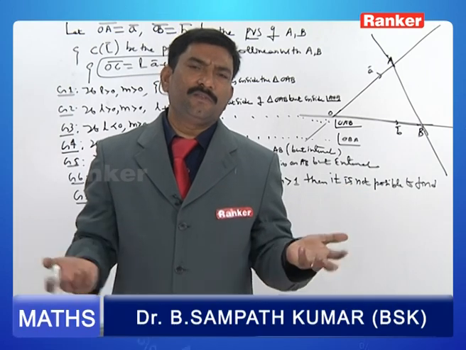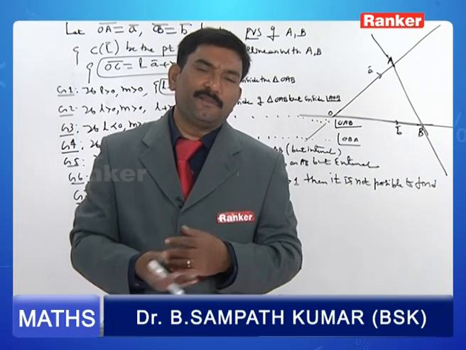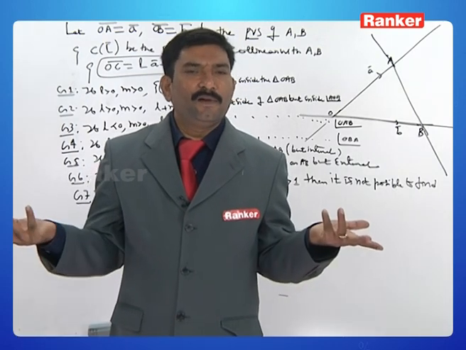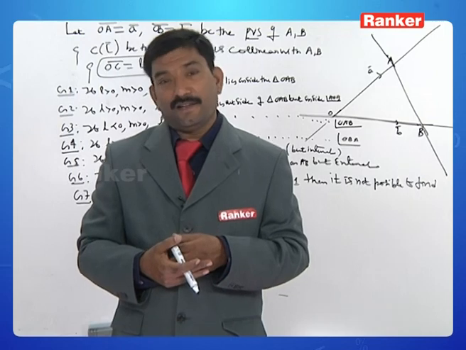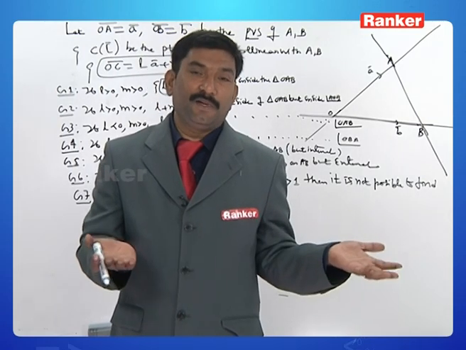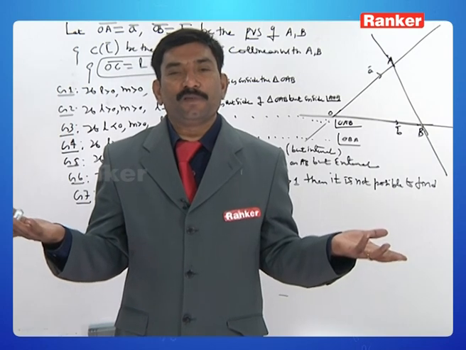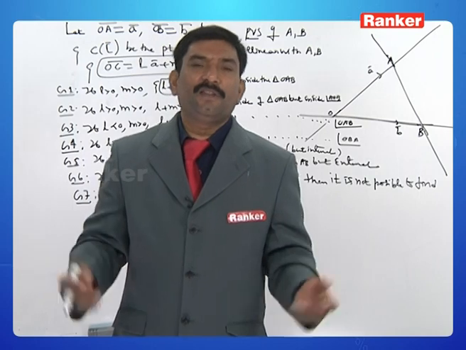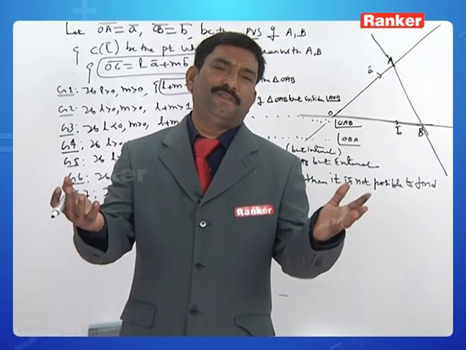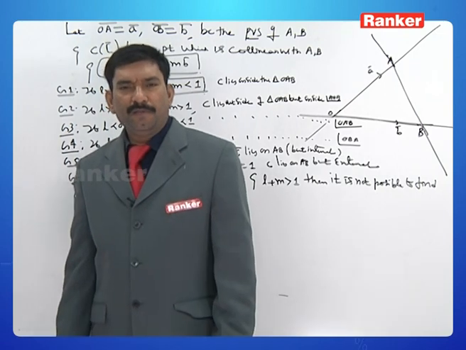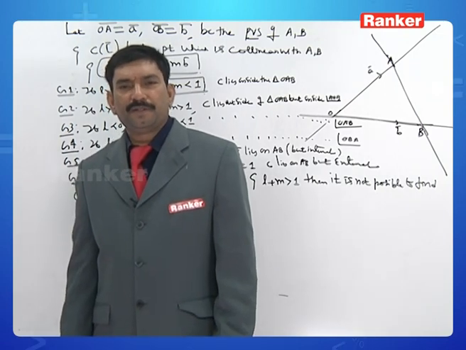Put 1 minus S equal to L, S equal to M. R bar is equal to L A bar plus MB bar, or else take it as OC bar, OC bar is equal to LA bar plus MB bar. Is it not a line equation? Line equation means they are collinear. What is a line? Locus of collinear points. Followed?